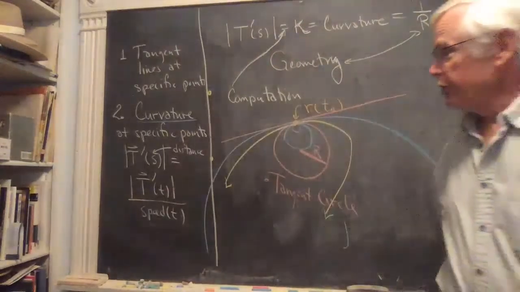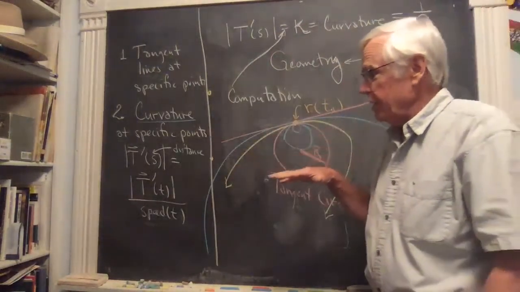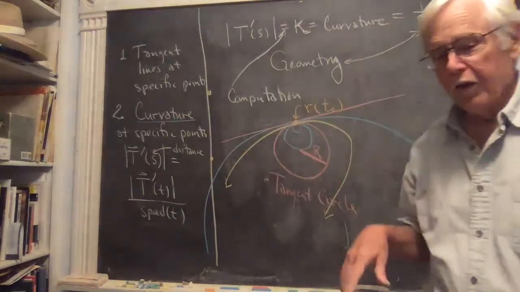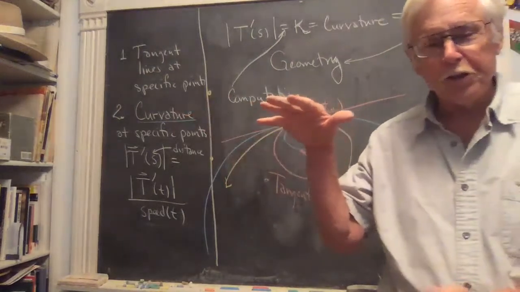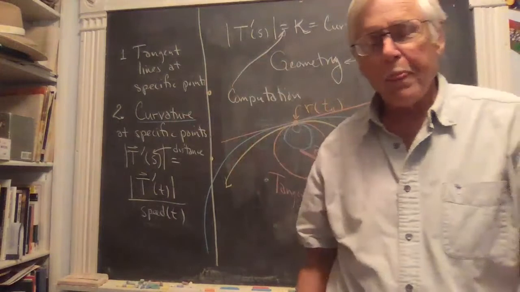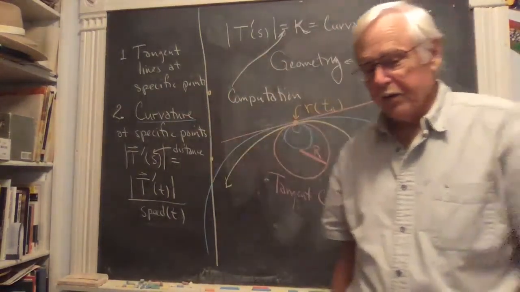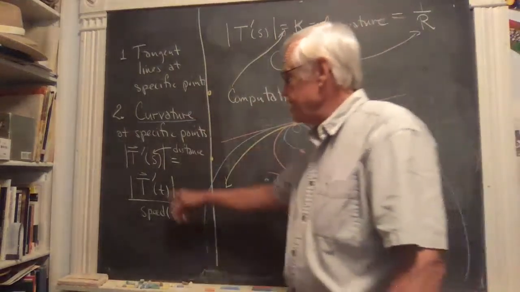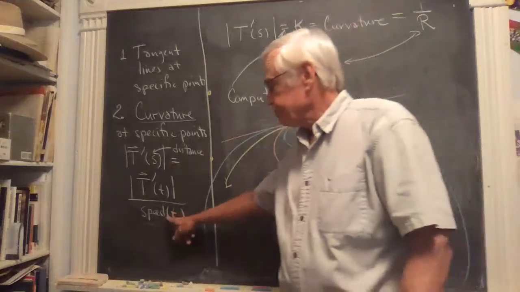I've talked about how to compute this stuff, but I want you to think about computing in a hierarchy. First, the three major vector valued functions: position function, velocity, acceleration. And then specifically from velocity, we get the formula for T. And then we also get the speed.